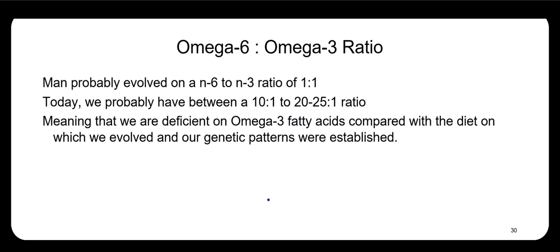And rather than a 1-to-1 ratio, we're anywhere from a 10-to-1 omega-6 to omega-3 to a 20 to 25 to 1 omega-6 to omega-3 ratio, meaning we're deficient on omega-3 fatty acids or we're way overloading our omega-6 fatty acids.